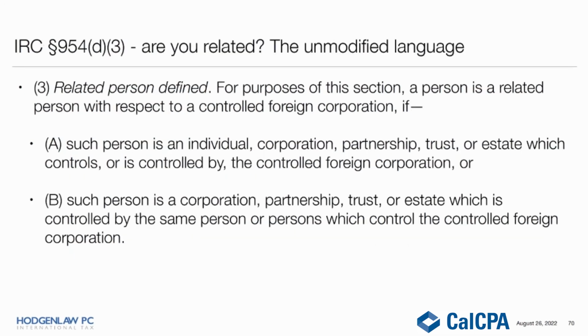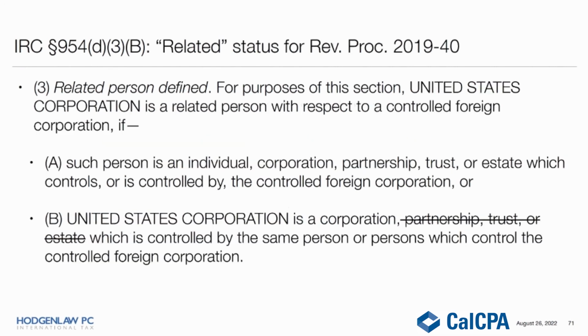So here is the phrase. I'm giving the slide. I'm not going to read it to you because we're going to run out of time because this is complicated. But I've rewritten on slide 71, substituting the names in. So you can see taking 954(d)(3)(B), a United States corporation is a related person with respect to a controlled foreign corporation.